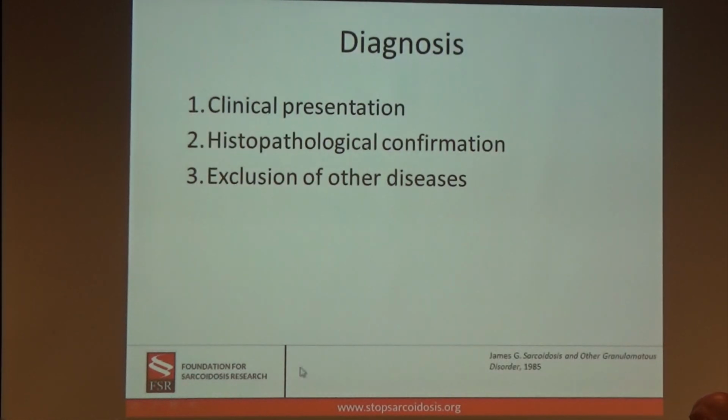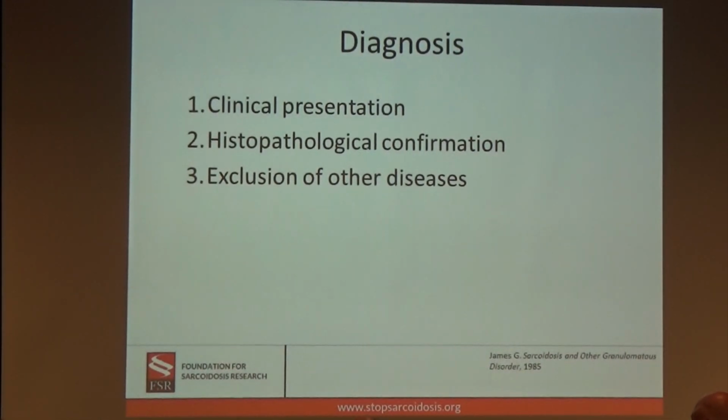So in terms of the diagnosis part, that first step, there are 3 important aspects to this, and you have to have all 3. Otherwise, you cannot say your patient has sarcoidosis. First, do you have the right clinical presentation, the right symptoms?